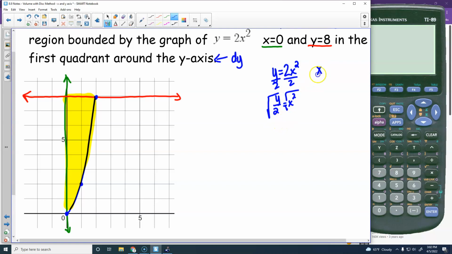So x would equal plus or minus the square root of y over 2. And which side is it going to be, the positive or negative? It's going to be positive because we're on the right side. So we'll have x equals positive square root of y over 2. Okay, so that is my blue graph that I have here.